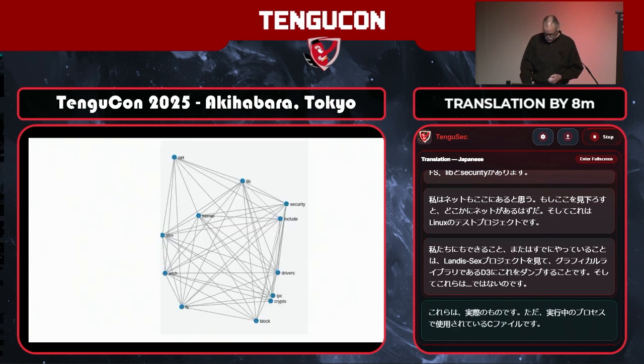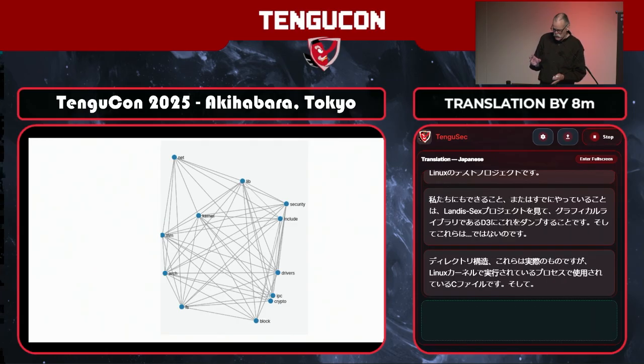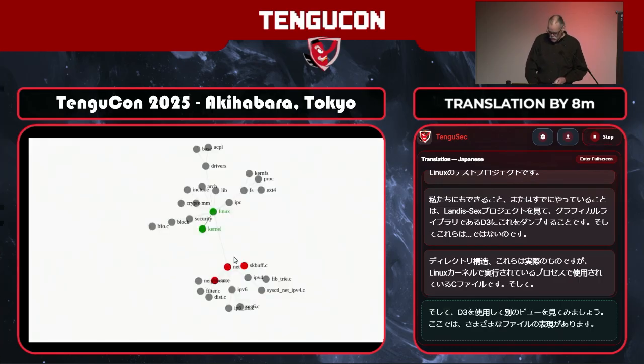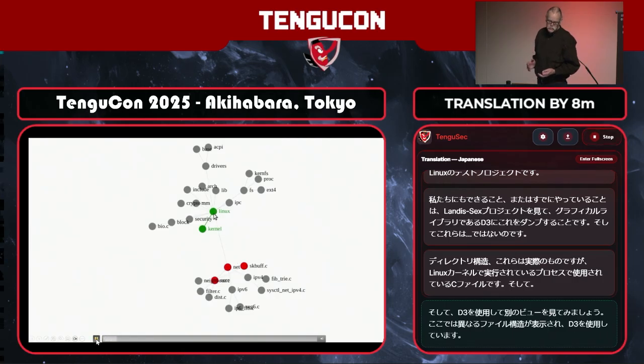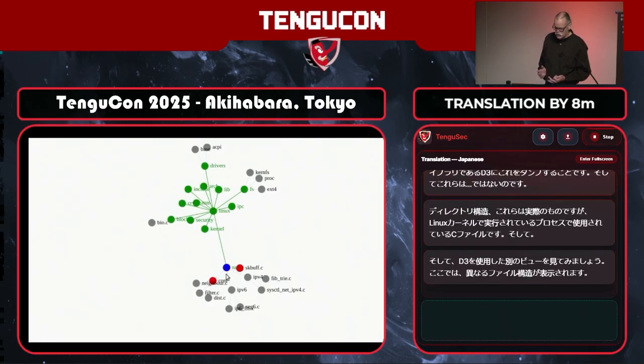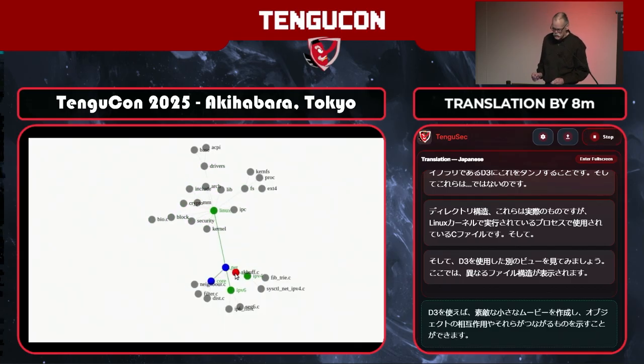And then we look at another view using D3 where you have a representation of the different file structures. With D3, we can build cool little movies and show the interaction of objects and what they connect to by clicking on them. And how we derived all of these interactions was from just observing allocation data.